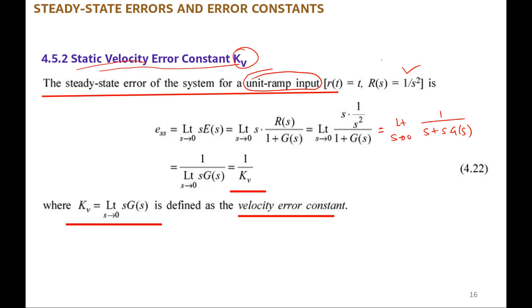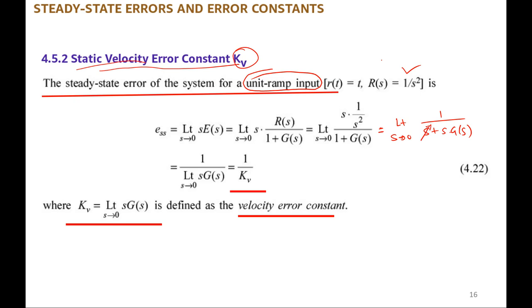Here I have to apply the limit because I don't know G of s, so I will not substitute s equal to 0 right now. I cannot apply the limit to the numerator as it is constant. If I apply the limit s tending towards 0, this term will vanish, right?